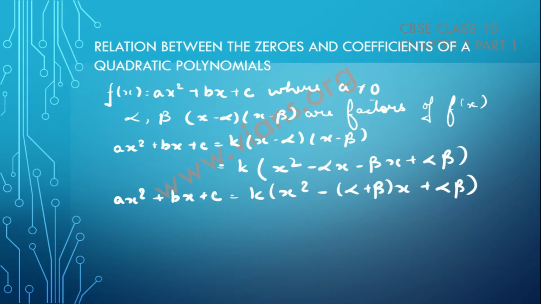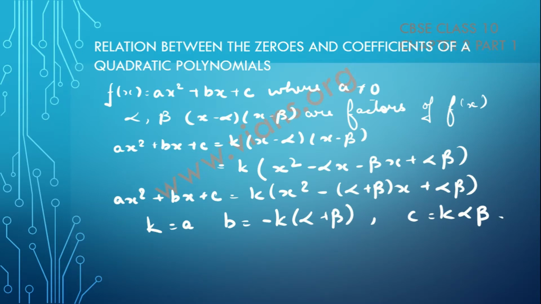Once that's done, you can compare the coefficients now. kx squared is equal to ax squared, so k is equal to a. b is equal to nothing but minus k into alpha plus beta, and c is nothing but k into alpha beta.